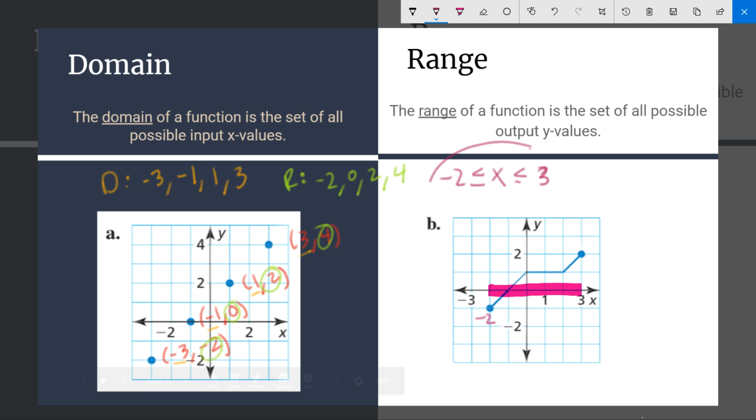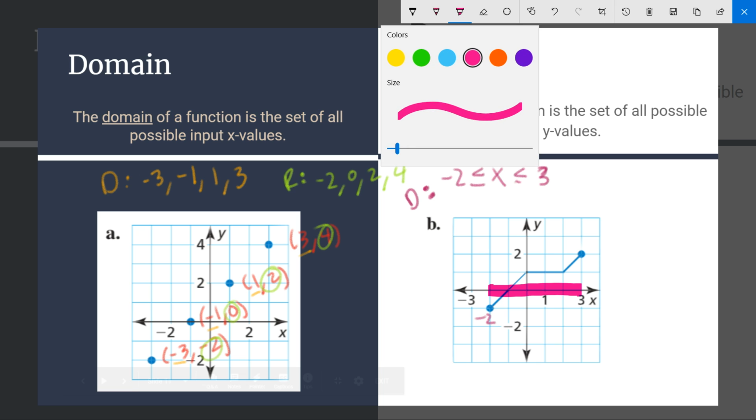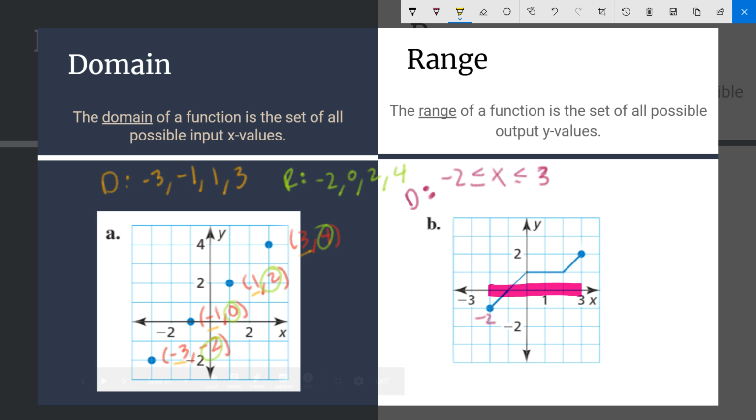But for this one, listing the domain, it would be this inequality. These are all of the x values. And then for range, do like yellow. For range, we're looking vertically, comparing where the function is drawn to the y-axis.